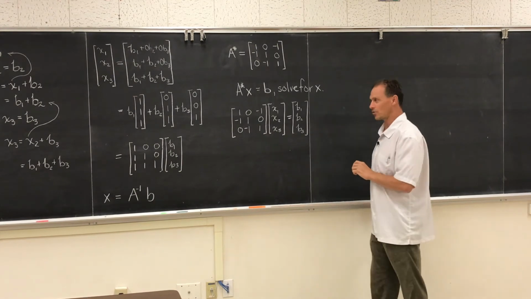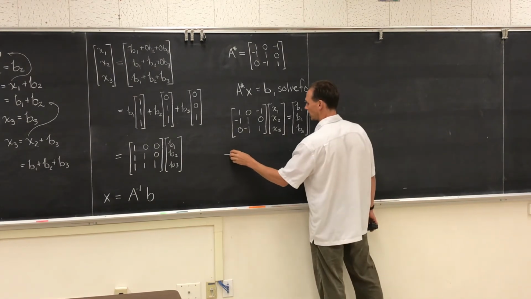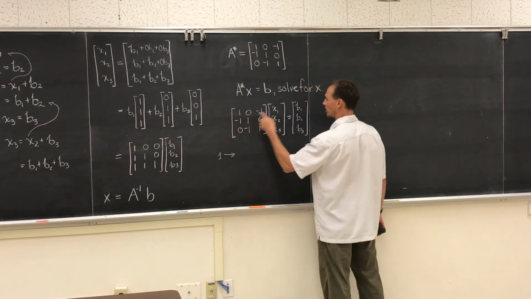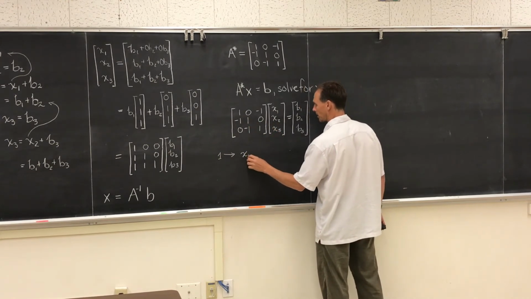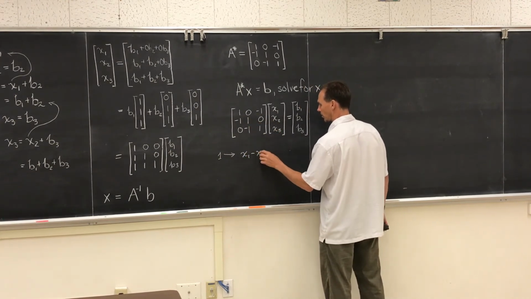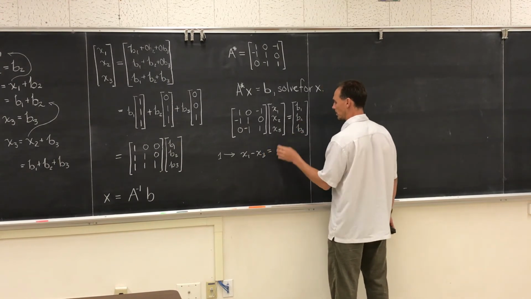So I'm going to go straight to my equations. Here's my first equation. My first equation says that 1 x1 minus an x3 is b1.